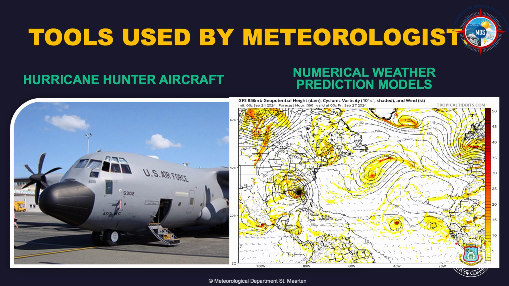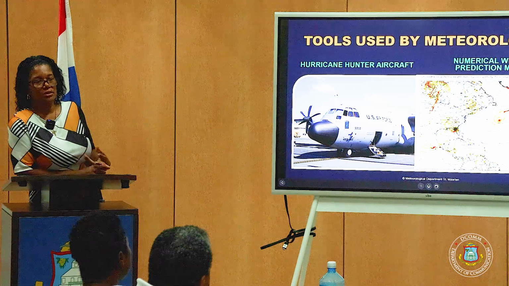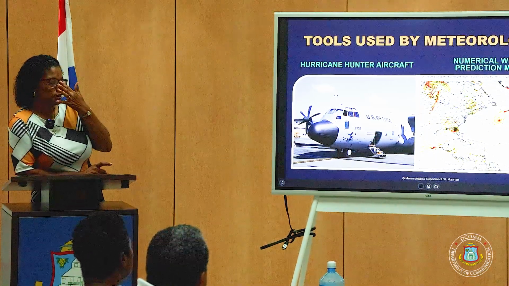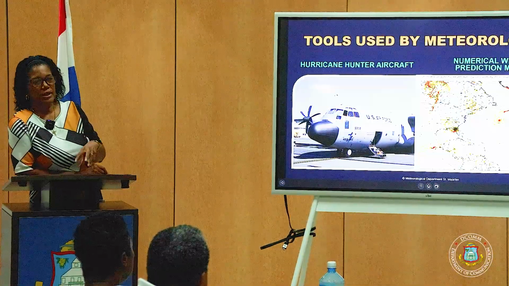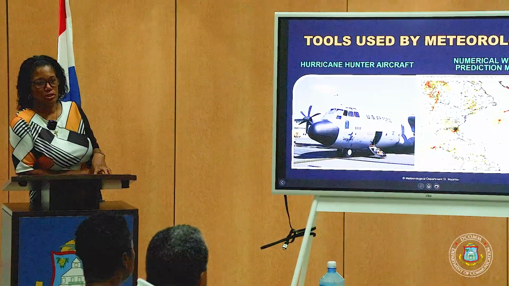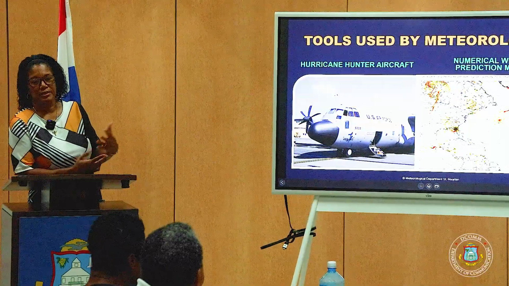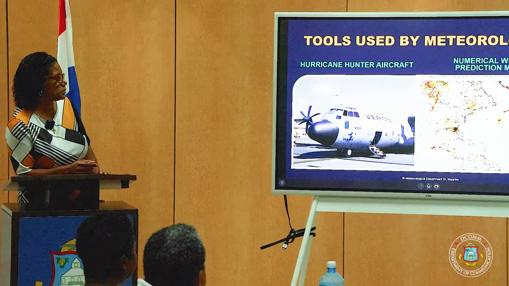They drop some things we call soundings that relay the information back to the computers to say how strong the winds are, the temperature within it, the wind speeds, and the pressure, which are very important. So they relay that information back to the National Hurricane Center in Miami, and they give us the reading. Then we all know. So they are very important to us.